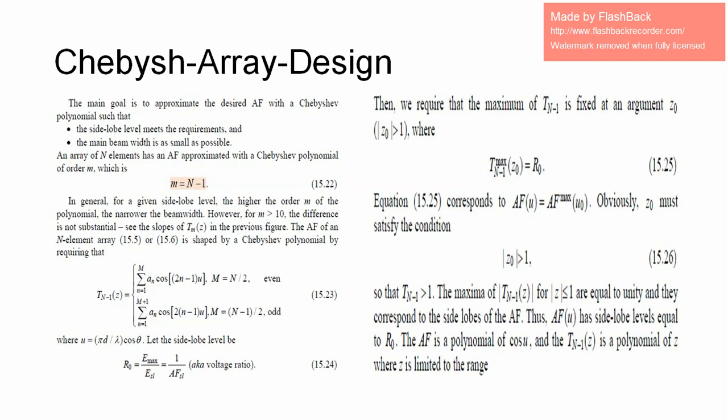An array of n elements has the array factor approximated with the Chebyshev polynomial of order m, which is equal to n minus 1.